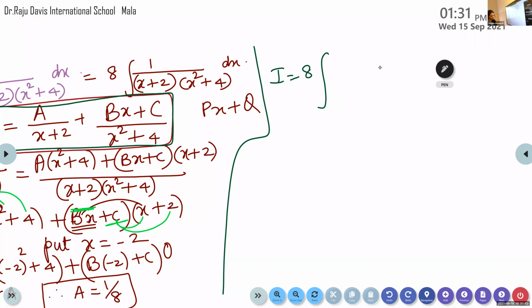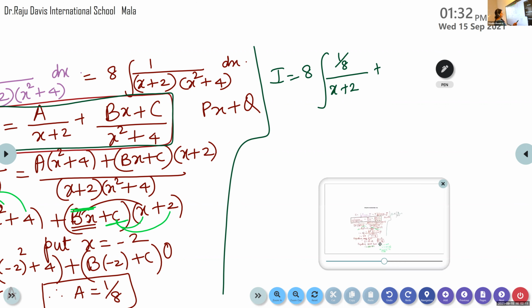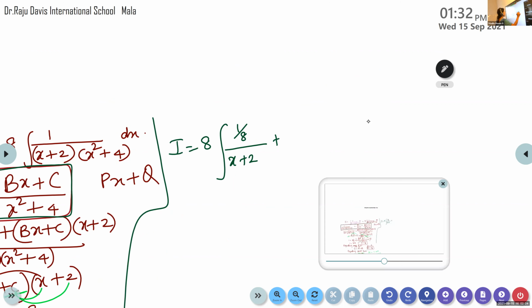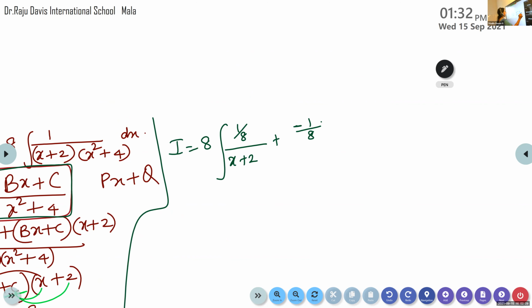What is the value of b we got here? b is negative 1 by 8, isn't it? And c is 1 by 4. So plus negative 1 by 8 x plus 1 by 4, by x square plus 4, dx.